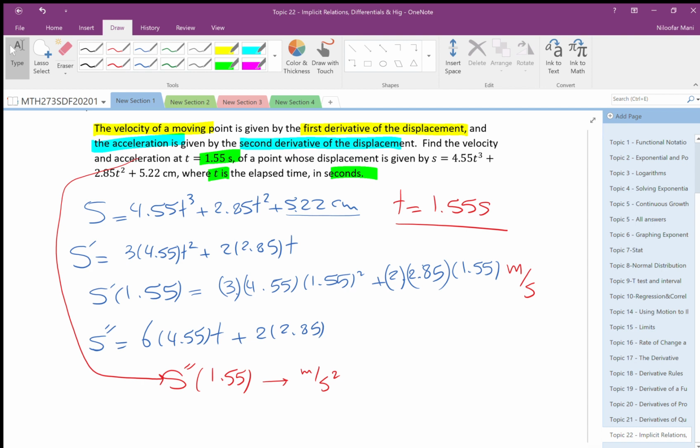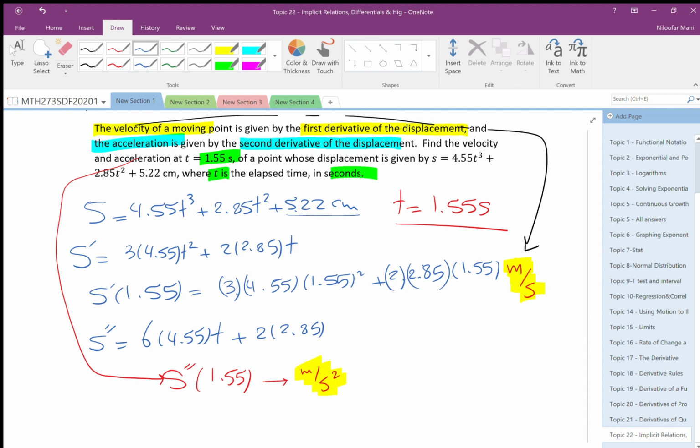Remember, you should show me the unit at the end: meter per second for velocity, meter per second squared for acceleration. And also you have to write a sentence. Be careful about rounding when finding the last answer. But it's very easy. Velocity is S prime, the first derivative, and acceleration is the second derivative.